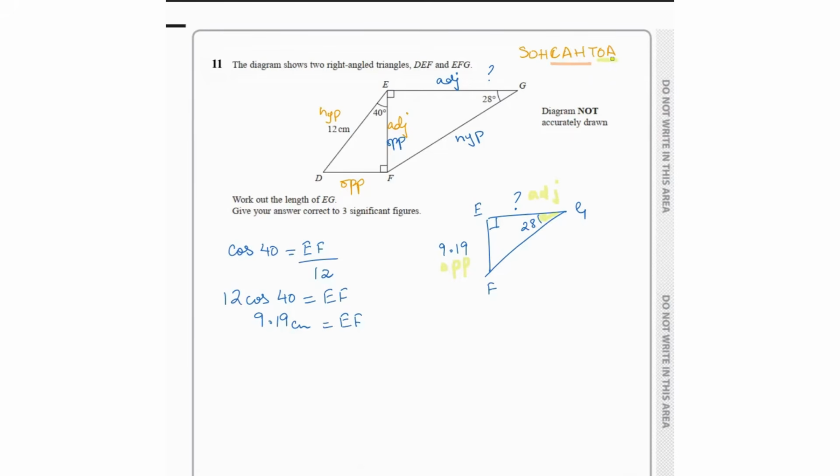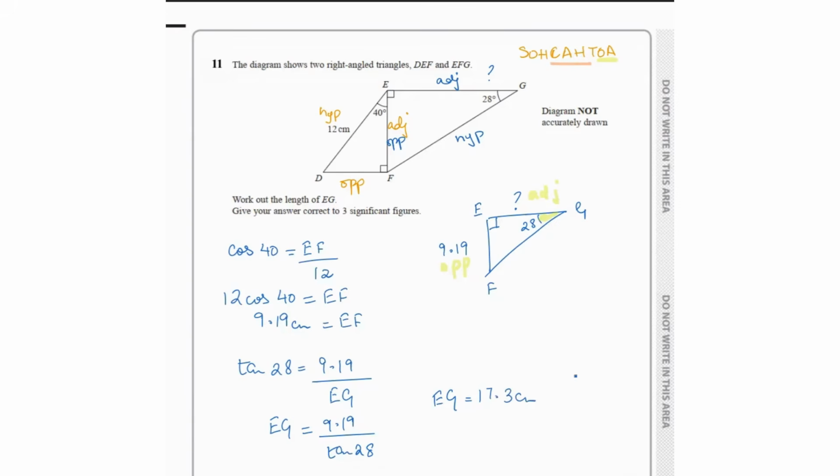We use tan because tan uses opposite and adjacent. So tan 28 equals 9.19 divided by EG. Make EG the subject, so it's 9.19 divided by tan 28, and that is going to give us a value of 17.3 centimeters, correct to 3 significant figures.